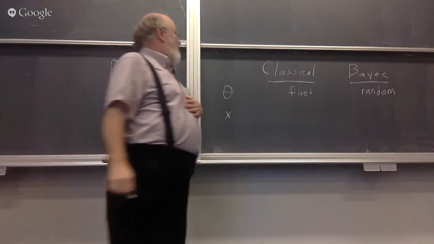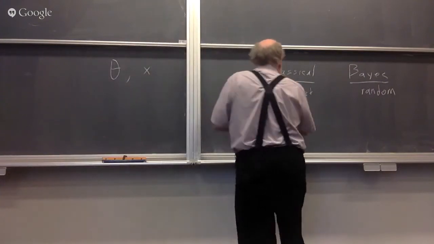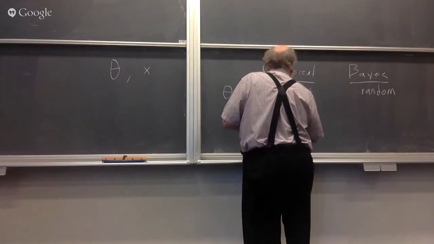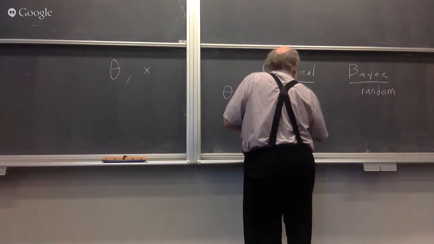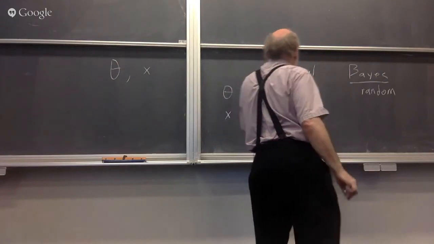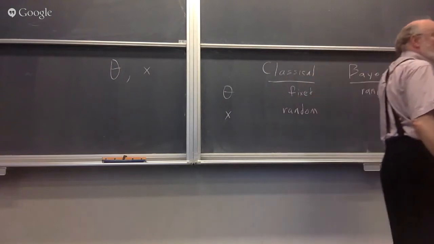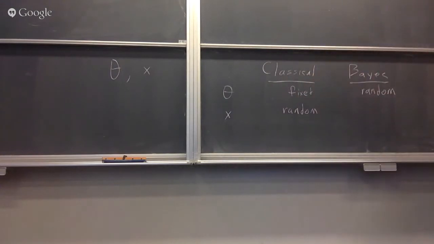The data x are just the other way around. Despite the fact that you've already measured the data, from the classical approach, you regard the data as a sample of some distribution function.